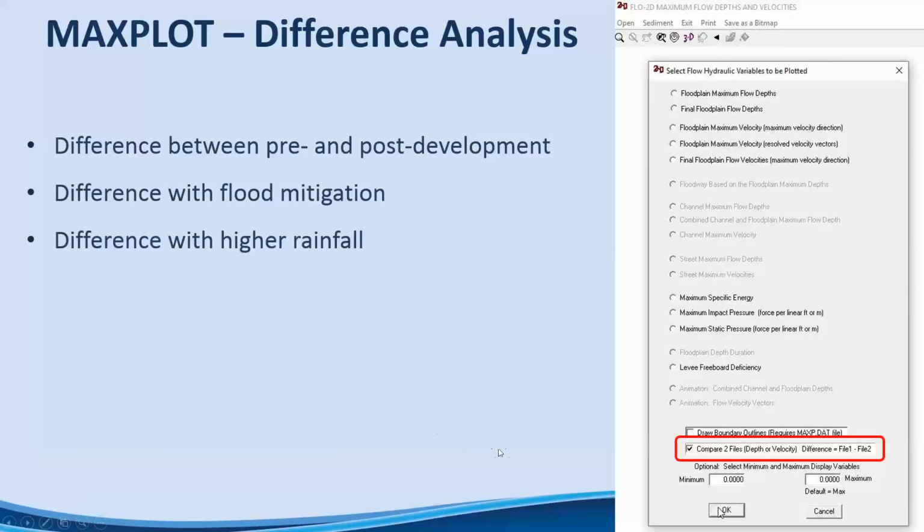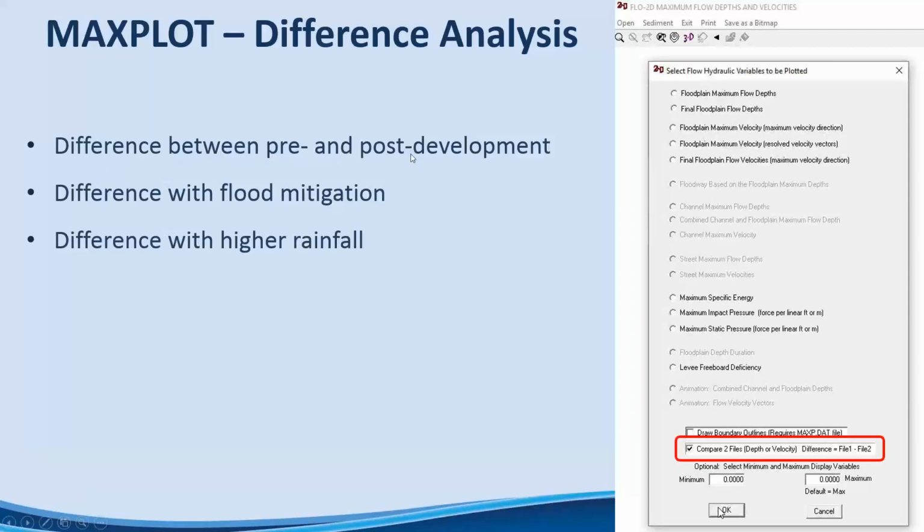At the bottom of the MaxPlot program, whether it's an older one, here we have a new dialog box with this page. But you can compare two files, the depth or velocity or some other output file, and it'll give you the difference between file 1 and file 2. So there may be differences, for example, that you're doing work on pre and post development conditions.